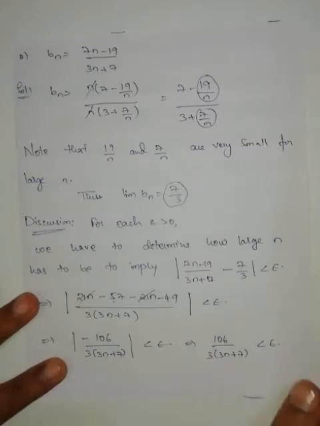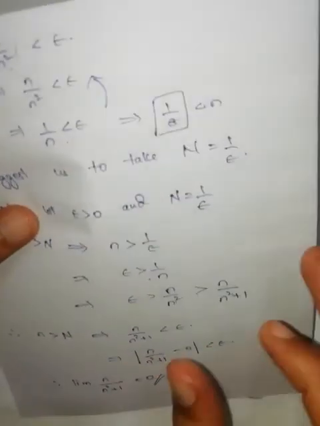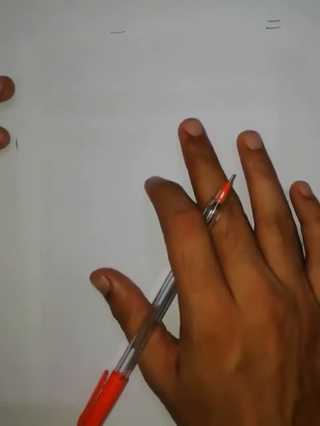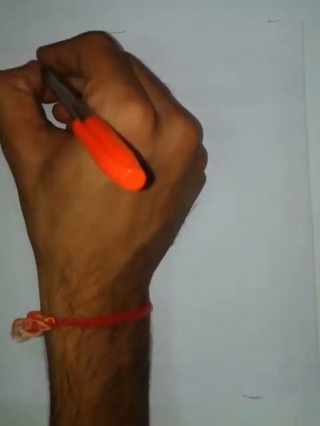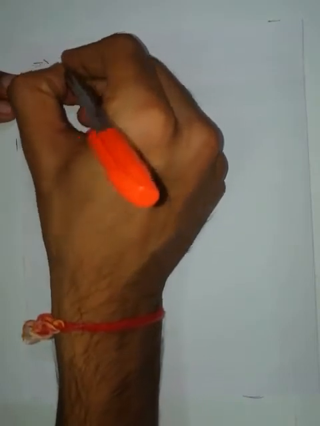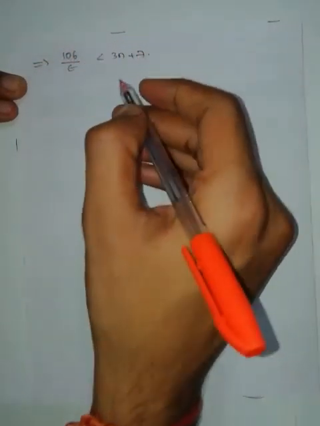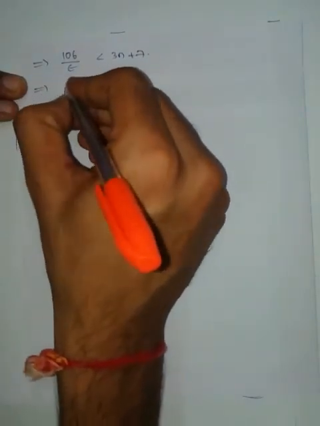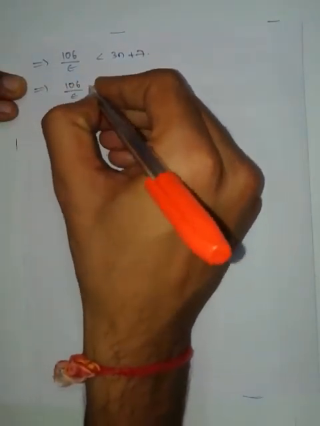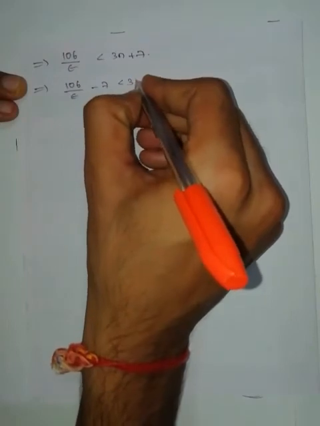Now send all the terms one side. Now this one I can write as 106 by epsilon is less than 3n plus 7. Now sending 7 to the left hand side, 106 by epsilon minus 7 is less than 3n.